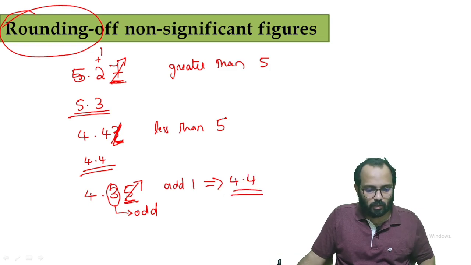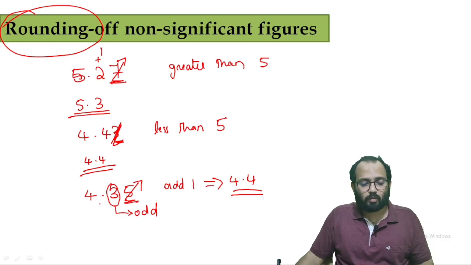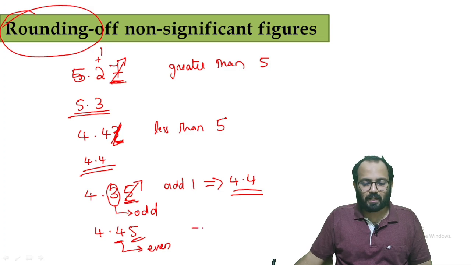If you got 4.45, then the number before that 5 is an even number, so just neglect it and you are going to get 4.4.